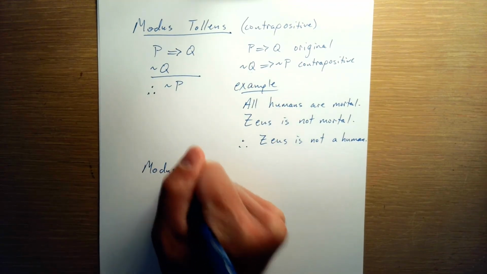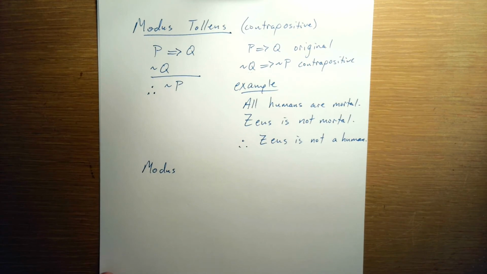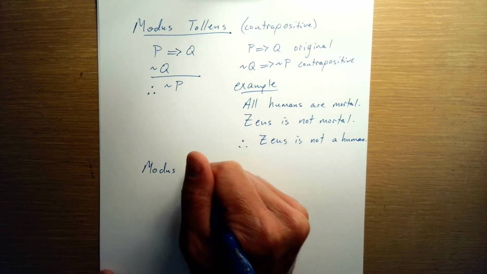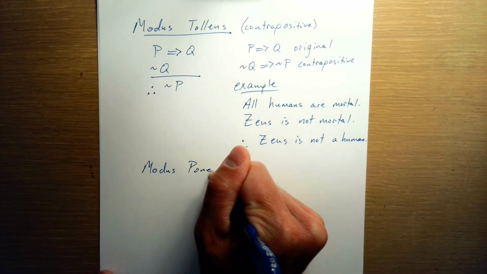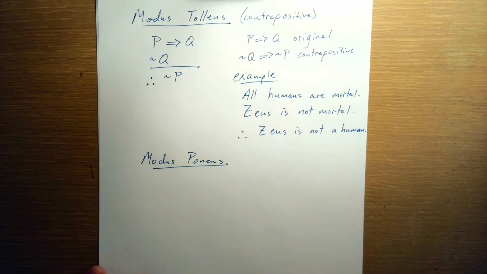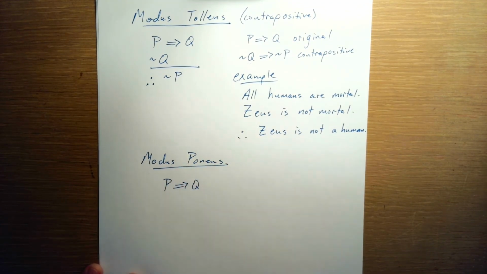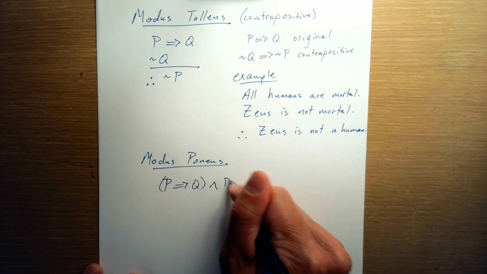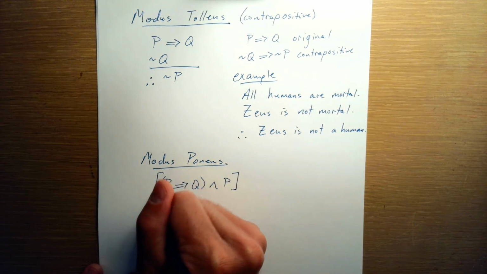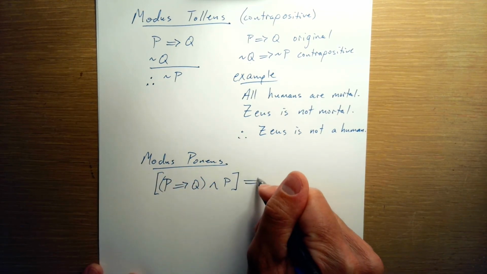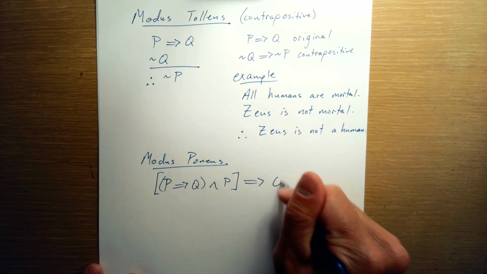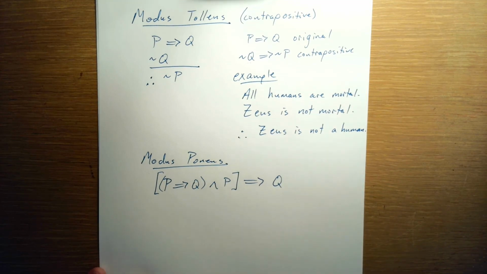So if we write these in logical syntax, our Modus Ponens looks like this. P implies Q, we take for granted, and P, and we take all this together, then it must be that Q is true.